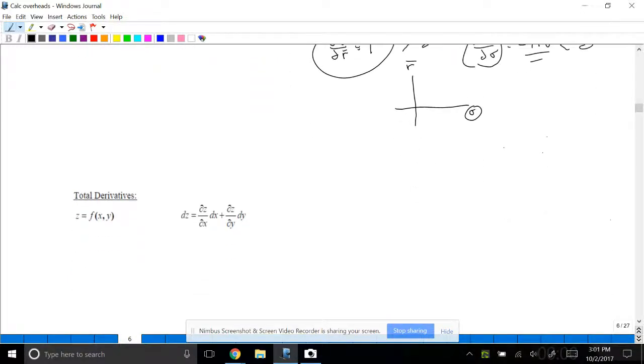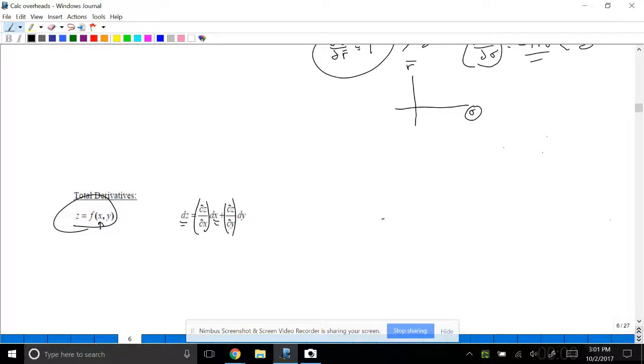Well, this is where we look at total derivatives. So the total derivative, where z is a function of two input variables x and y, is going to be the partial derivative of z with respect to x, holding y constant, times the change in x.